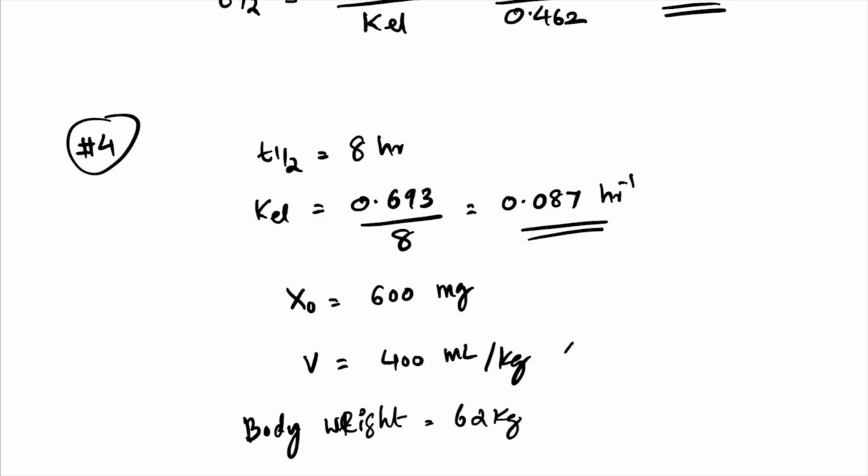So then the volume of distribution will be 400 milliliters per kilogram times 62 kilograms, which is 24,800 milliliters.